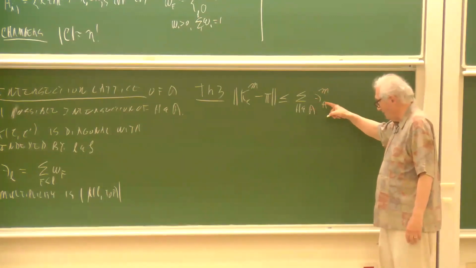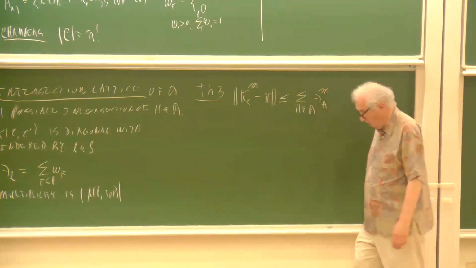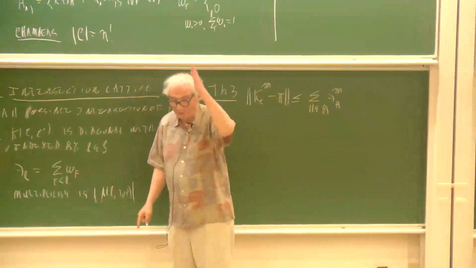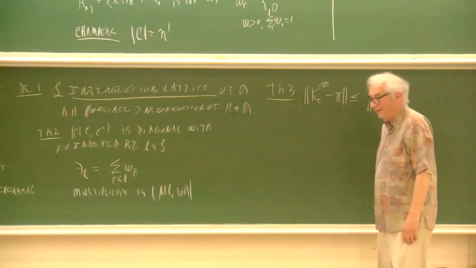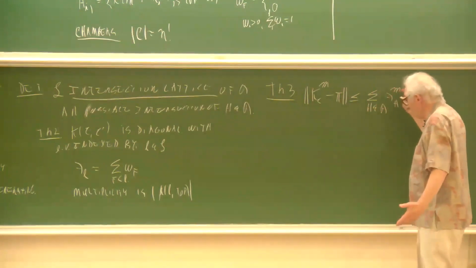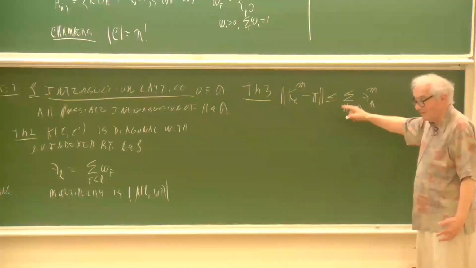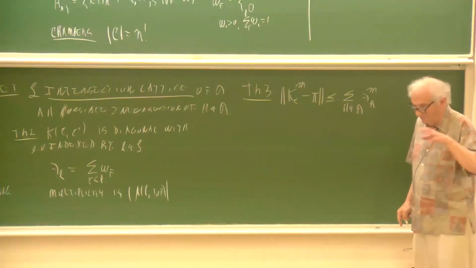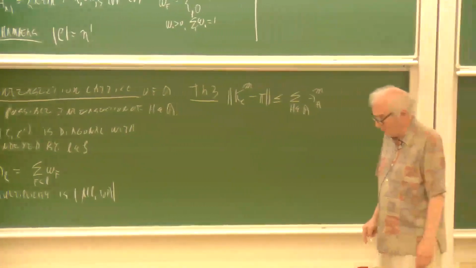So that is, h is one of the hyperplanes in the intersection lattice, and lambda sub h is the sum of all face weights where the face is a subface of h. And you raise that to the nth power. Those numbers are less than 1, and that's a reasonably sharp bound. I'll do examples, but it's a reasonably sharp bound.